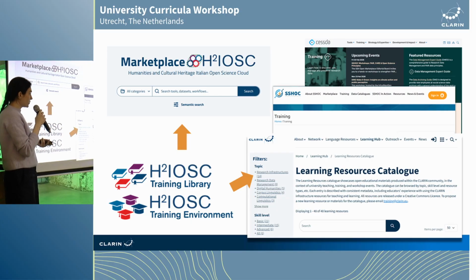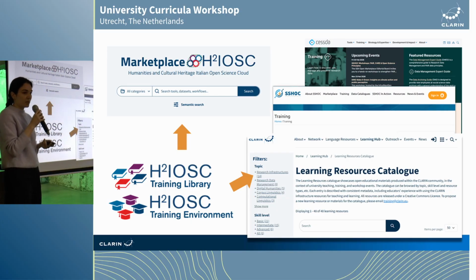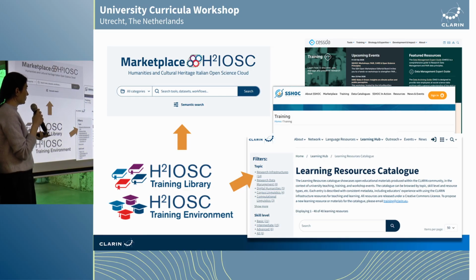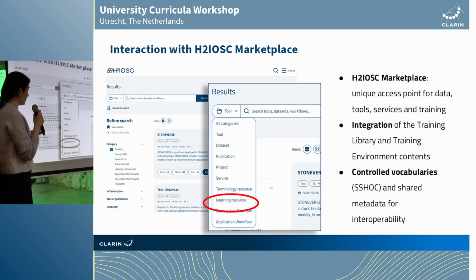And then we also aligned the metadata schema with the CLARIN Learning Resources catalog, and also we would be visible in the SSH marketplace via our H2IOSC marketplace. So there's a network, as you can see, and hopefully the training materials will become more and more visible that way.